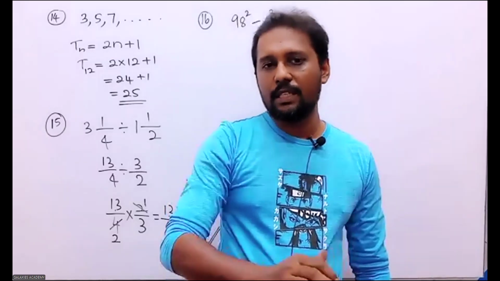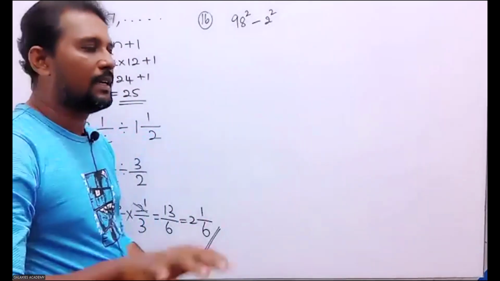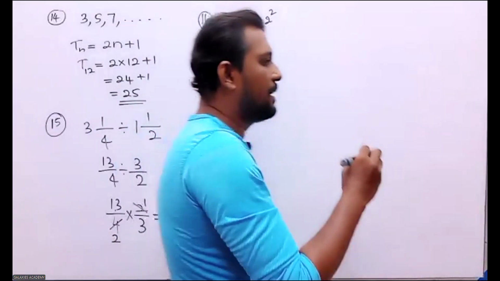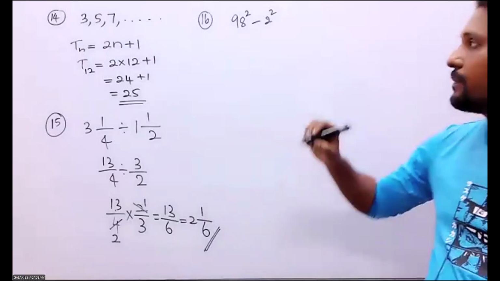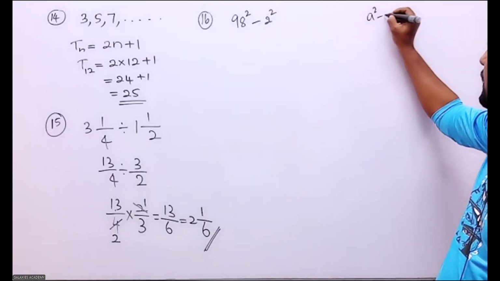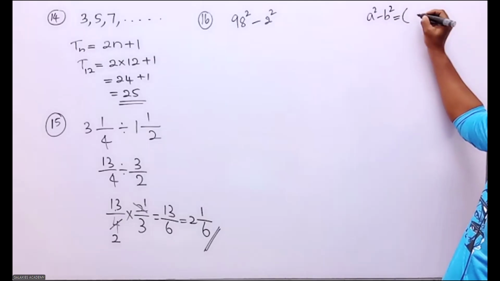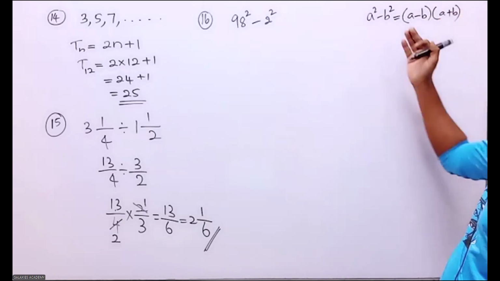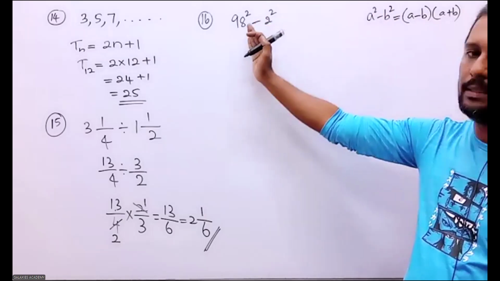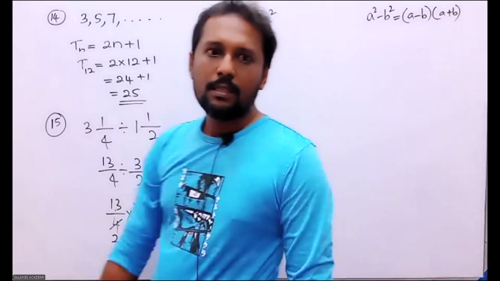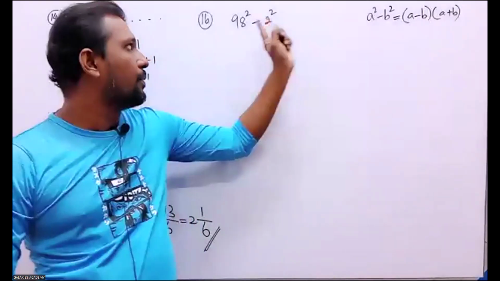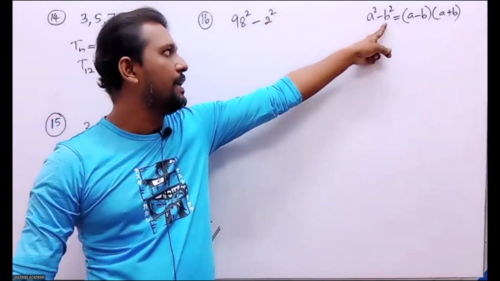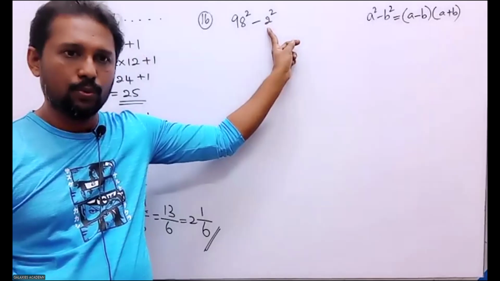If the expression given is a squared minus b squared, you can write the factors as a minus b, a plus b. Then you can apply this theory here, right? Instead of a, you can see 98. Instead of b, you can see 2.